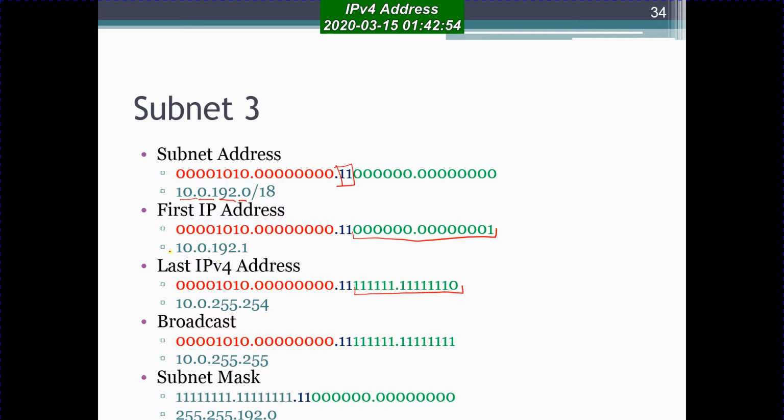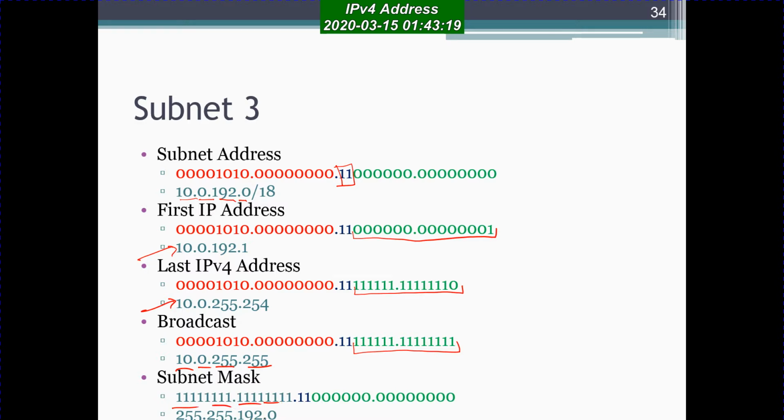So this is the first IP address, this is the last IP address, and all the IP addresses in between are part of the range. For the broadcast IP address, set all the bits in the host address field equal to 1 and convert this back to decimal. The subnet mask also is the same as before, so it's very simple.